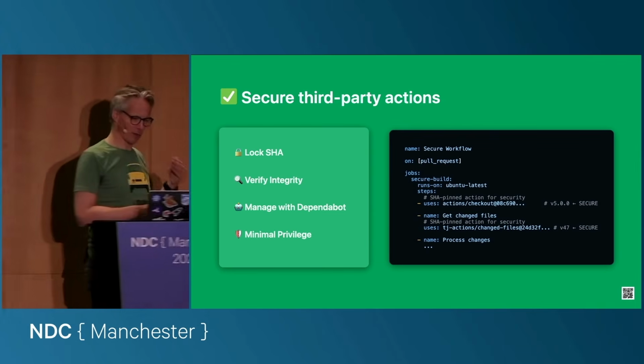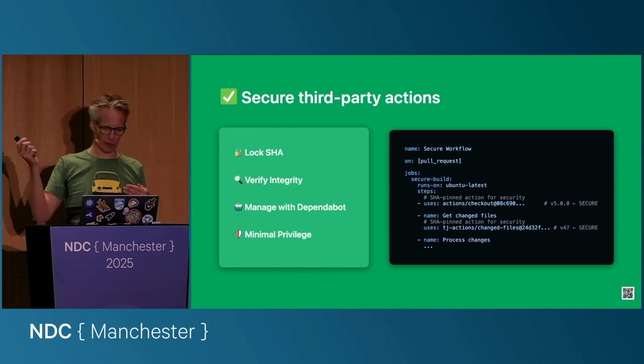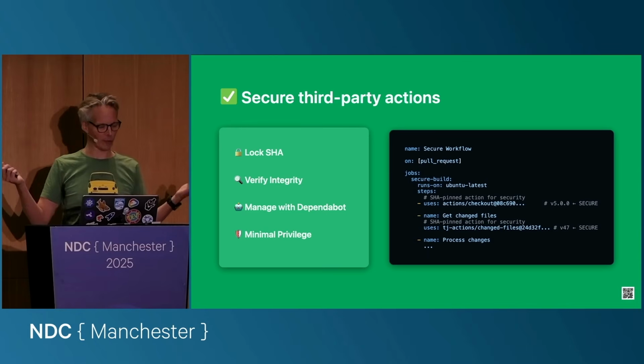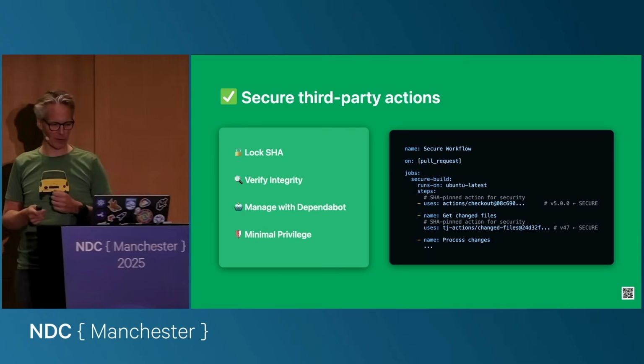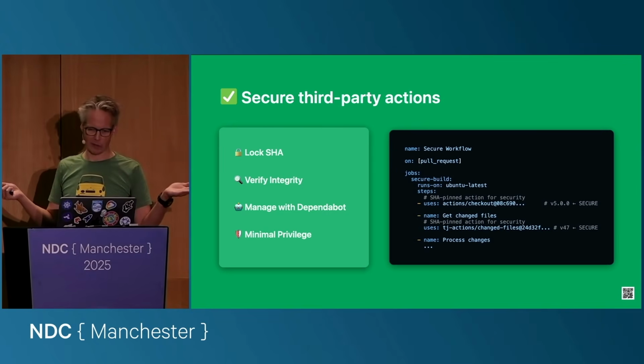And then dependabot is keeping those actions for me up to date via pull request. And dependabot is also updating the comment for me. So I don't have to care about the comment, but I know what kind of version I have. So simple solution. But when you look around, you will see in most cases, it's not used.